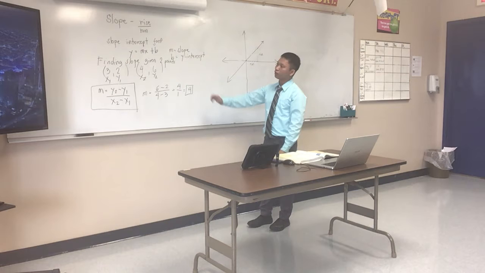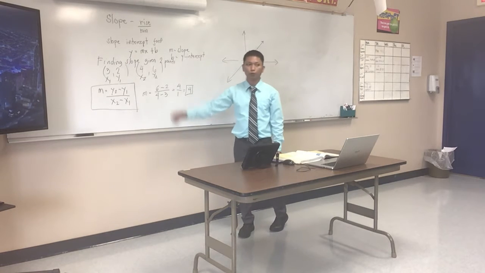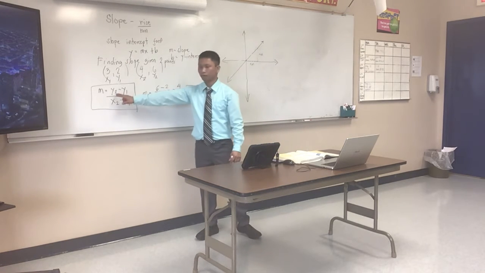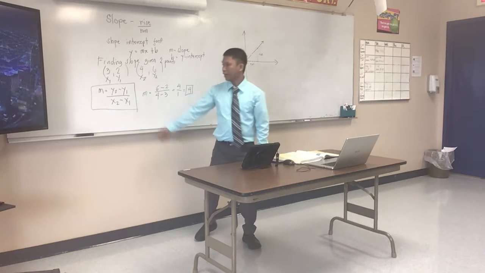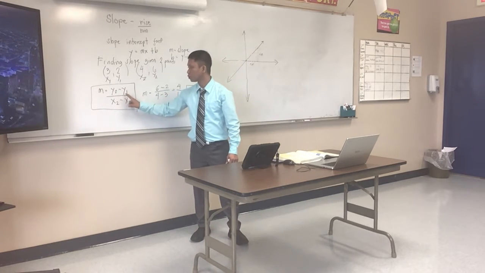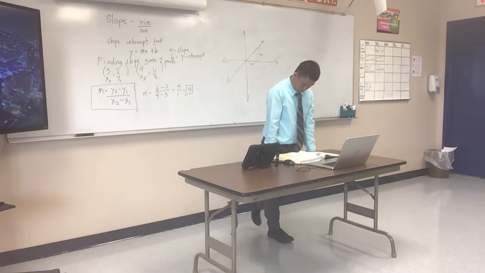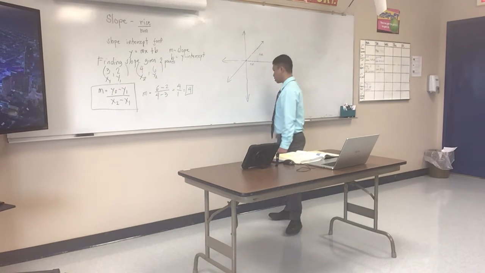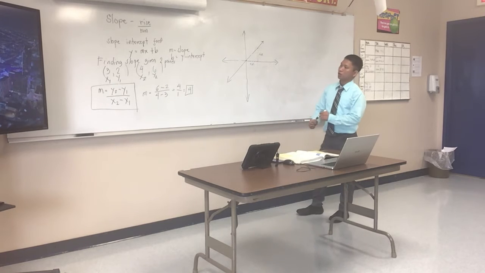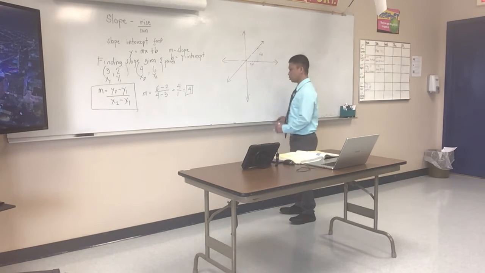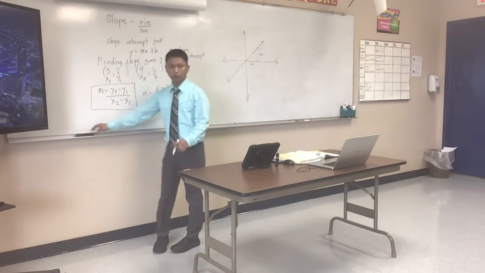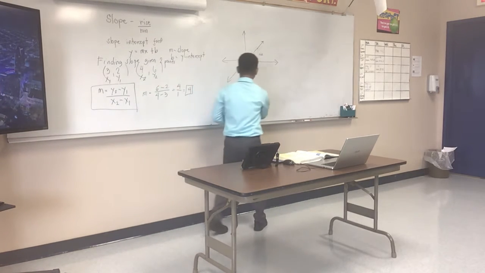Again, to solve for the slope given 2 points, we have the formula m equals y sub 2 minus y sub 1 over x sub 2 minus x sub 1. How about this one?